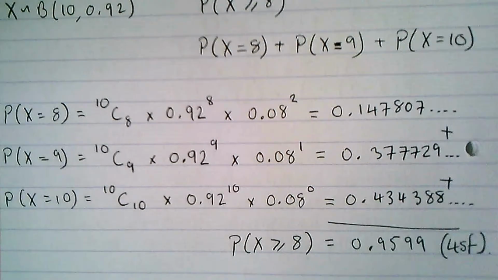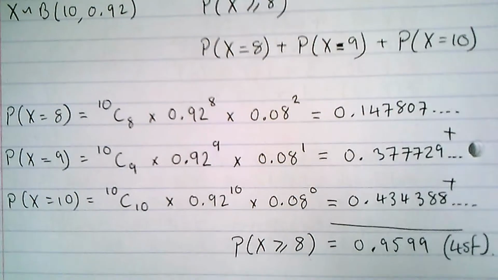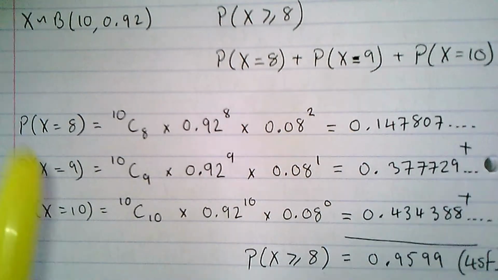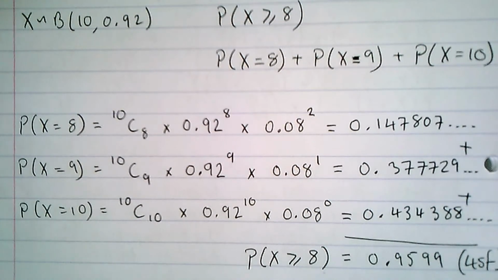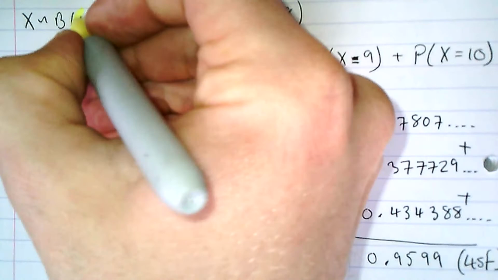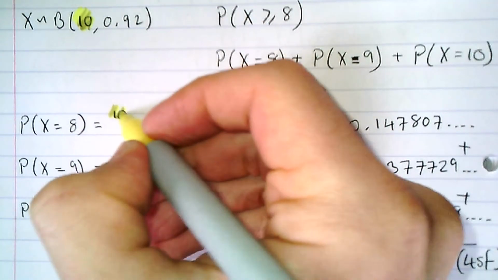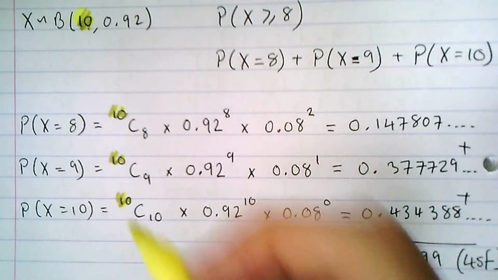Now, one last thing just before I finish is I would like to show you, just by highlighting where a lot of these numbers and things come from, because there is quite a lot of information in this video. You might want to just watch things back just to make sure that you understand where all these things come from. Like I said, the only key information you need here is this stuff from the question. So there I've got 10 is the number of trials. Notice that that then is prevalent throughout the whole thing.